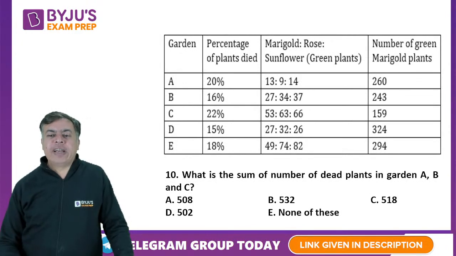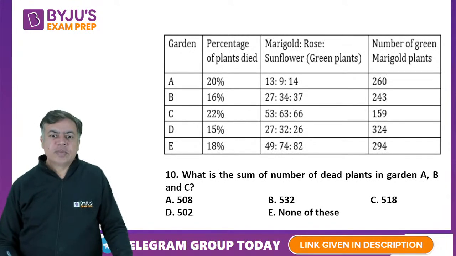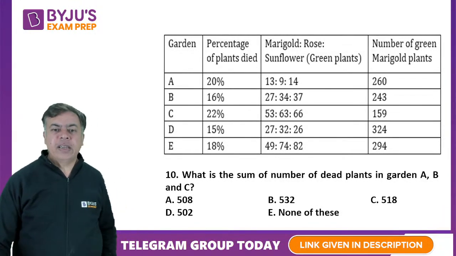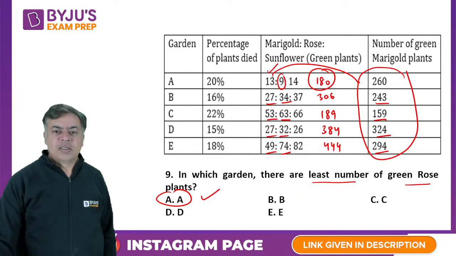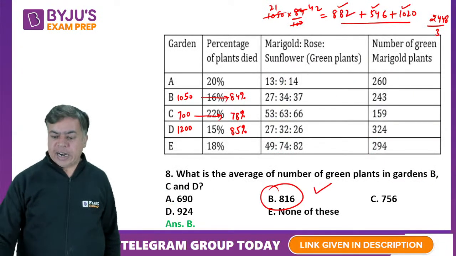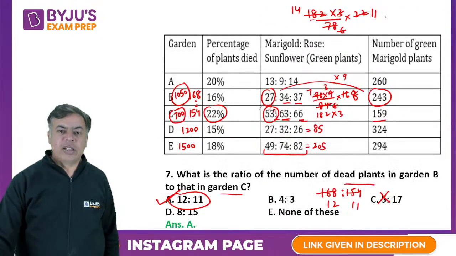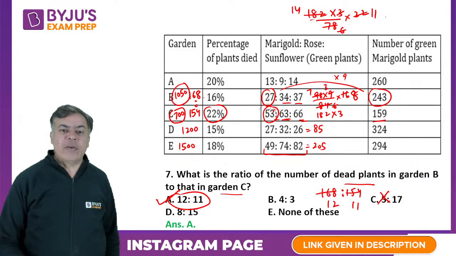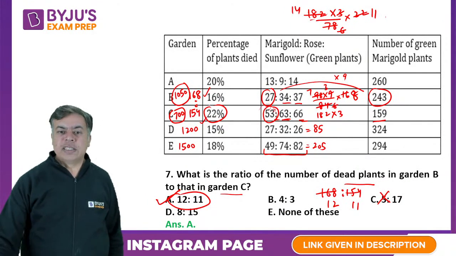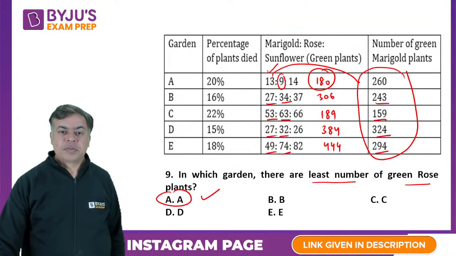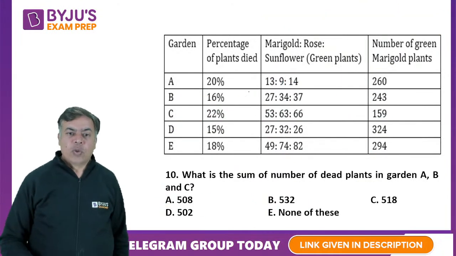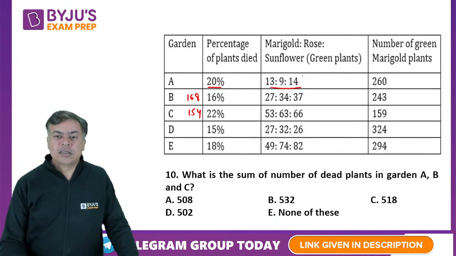What is the sum of the number of dead plants in garden A, B and C? I think we have already calculated for C and B, right? A also. See, we have already calculated the dead plants in this question, right? 168 and 154, these are the dead plants. Here the dead plants will be, because this was 13, 9, 22 and 14, 36, right? 36 into 20.